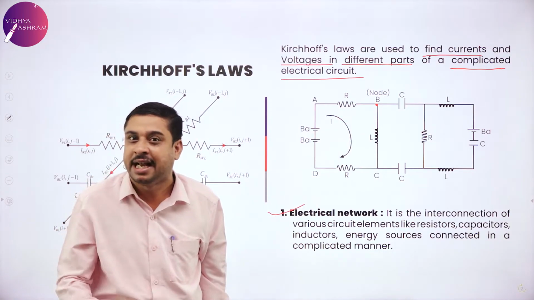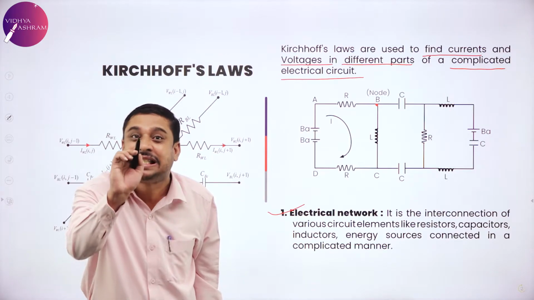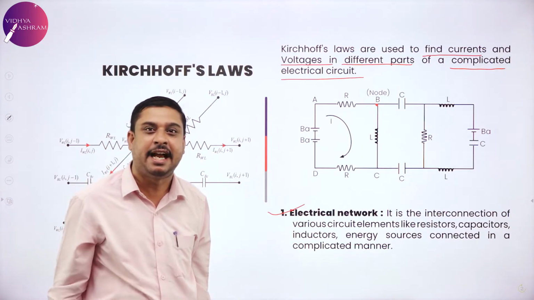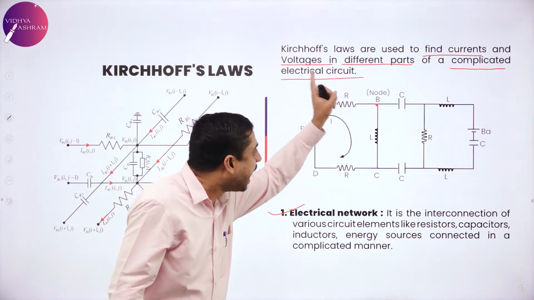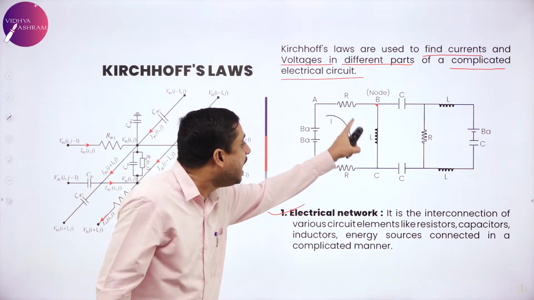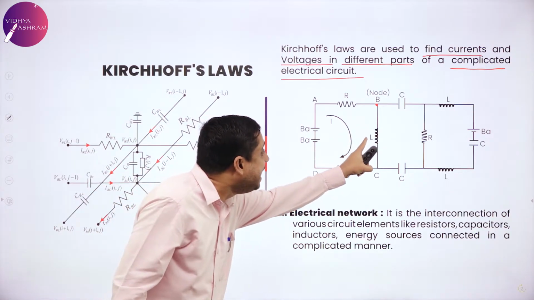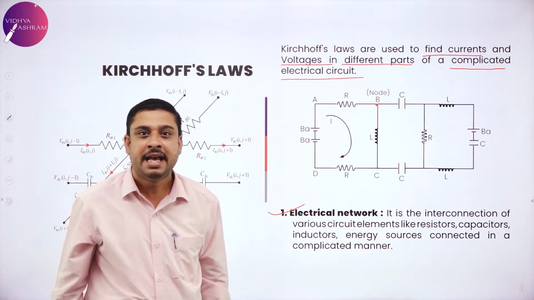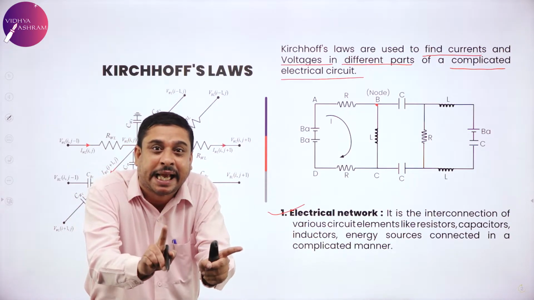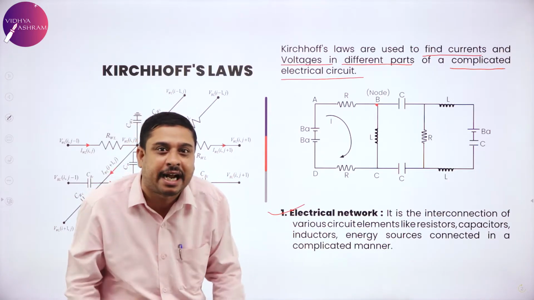Please note that at one single point I have a resistor connected, a capacitor connected, as well as an inductor. It is a junction for connecting more than two conductors.